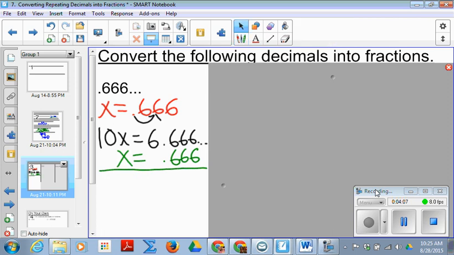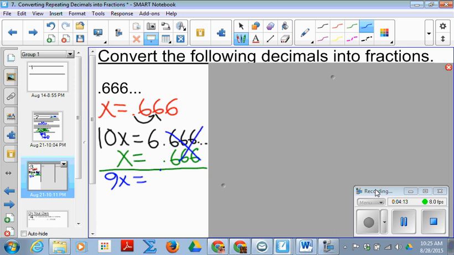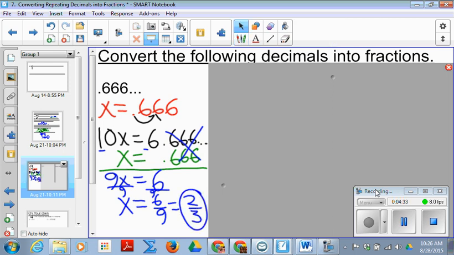And we're left with 9x equals 6. Watch for the subtraction signs there. So we divide both sides by 9. We have 6 over 9, which gets us to 2/3. That's another common one. 6/10 repeating is 2/3. There we see why.